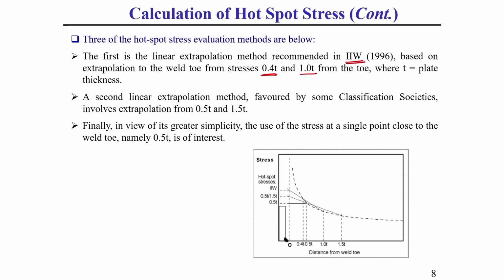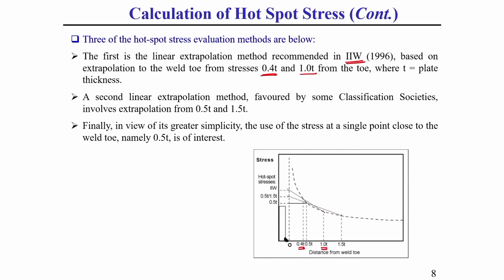These 2 points we need to choose away from the weld toe location, okay. And we need to extrapolate the stress based on these 2 points. We need to calculate the weld toe hot spot stress. What I am showing here, you see, this is 0.4 T and this is 1 T.